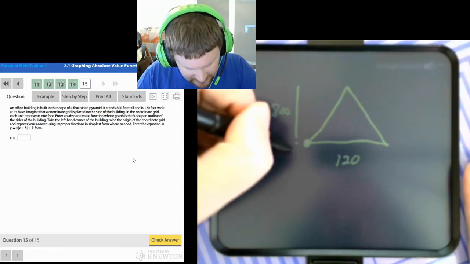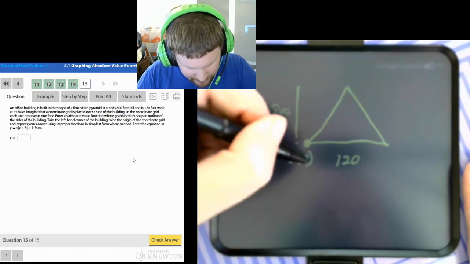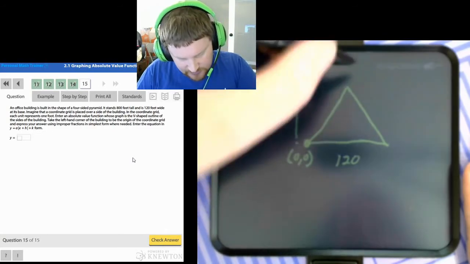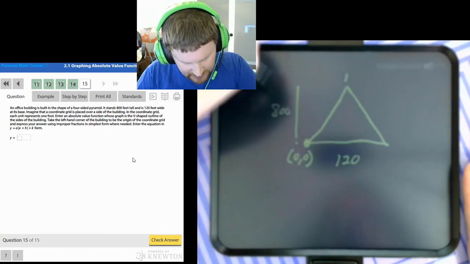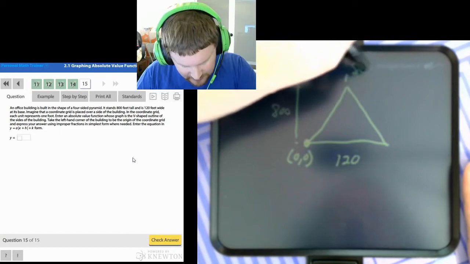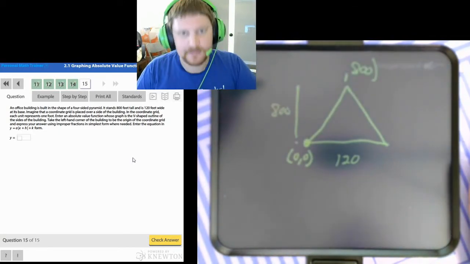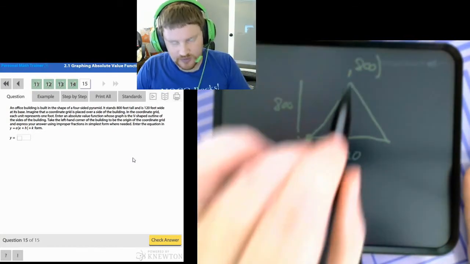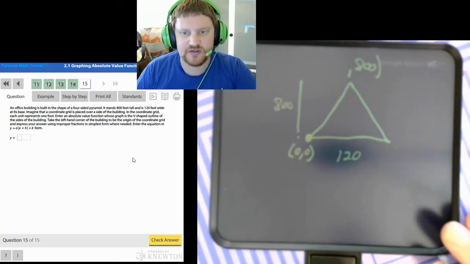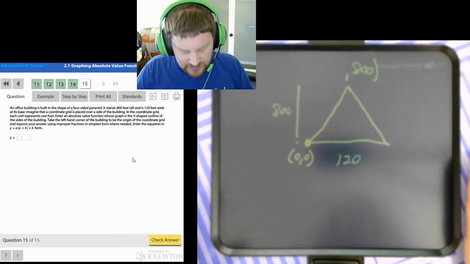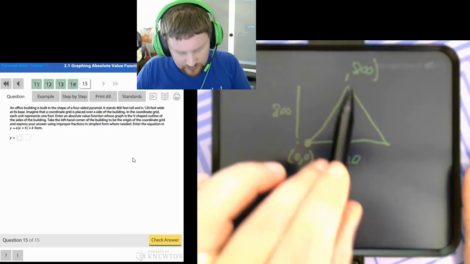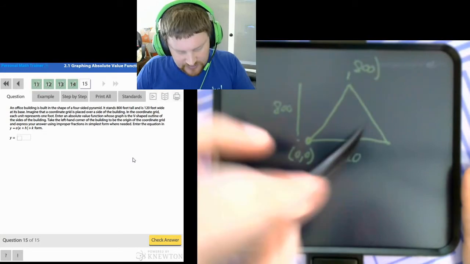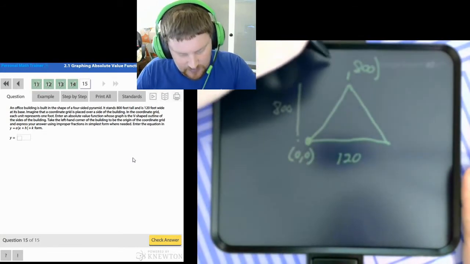Okay, so if this is 0, 0, then we know that this highest point is at something, 800 feet tall, so this is at something 800. Something else that we know is that absolute value equations are completely symmetrical. So because of that, if this is 120 feet, then it must be 60 feet in the middle.